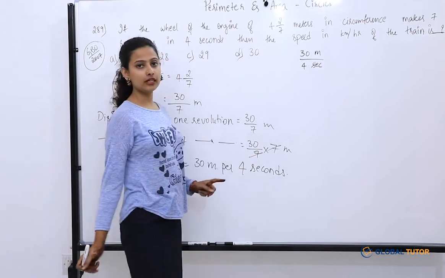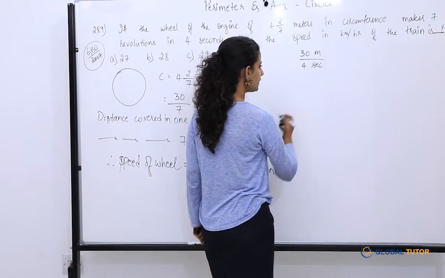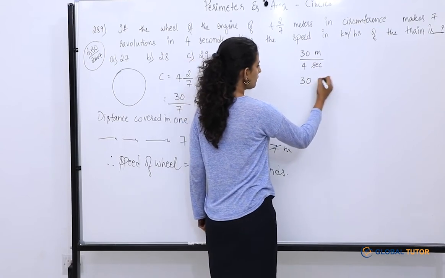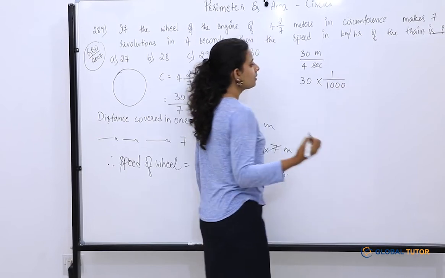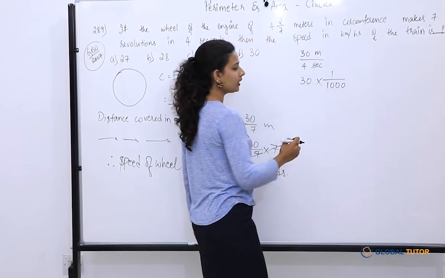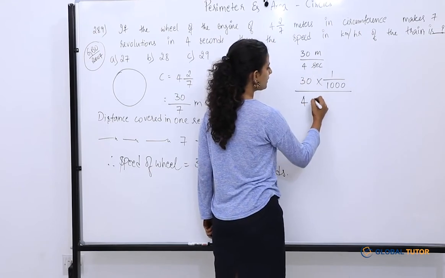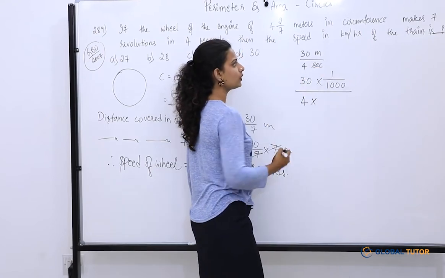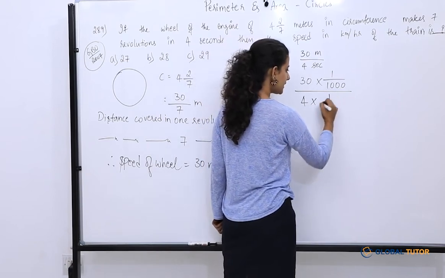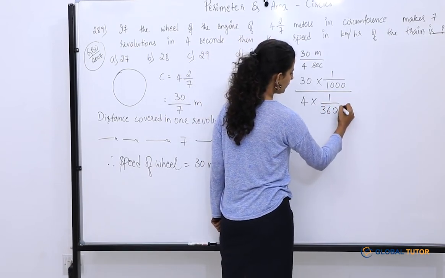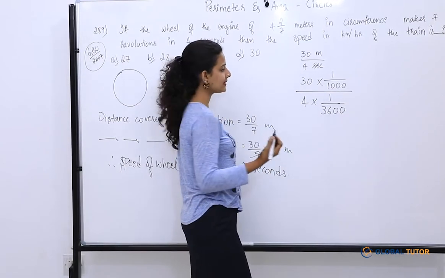Now this has to be converted in kilometer per hour. So to convert this into kilometer, what we do? We multiply it by 1 divided by 1000, because 1000 meter will be 1 kilometer, right? Divided by 4. This is in seconds and we have to convert it into hour. So 1 hour is 3600 seconds. So we can write it as 1 divided by 3600.